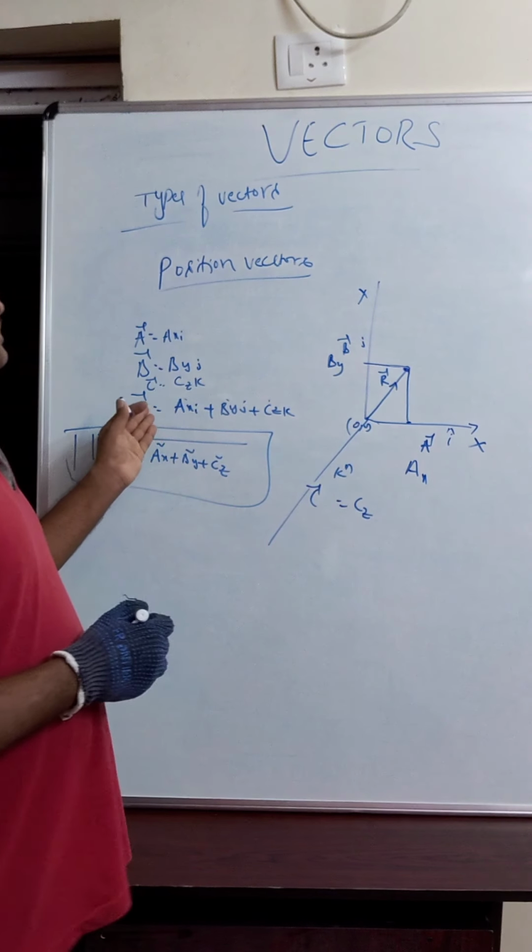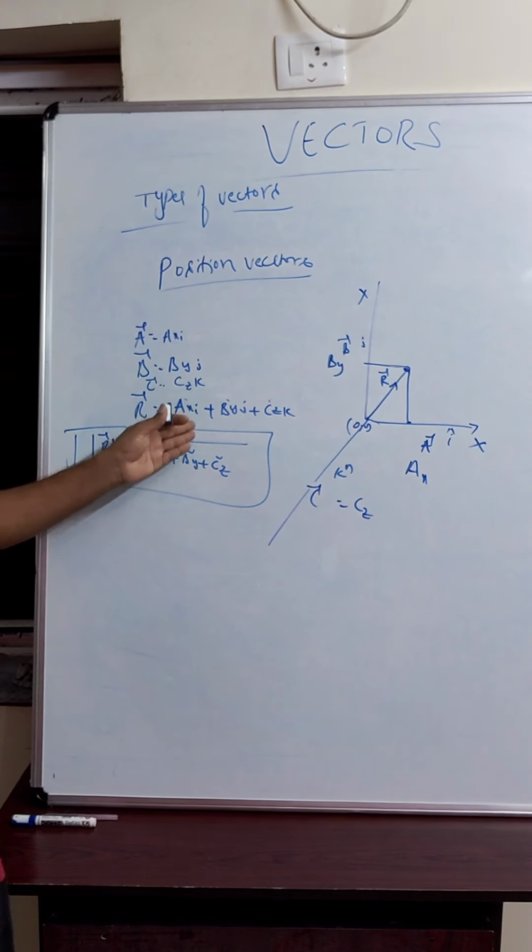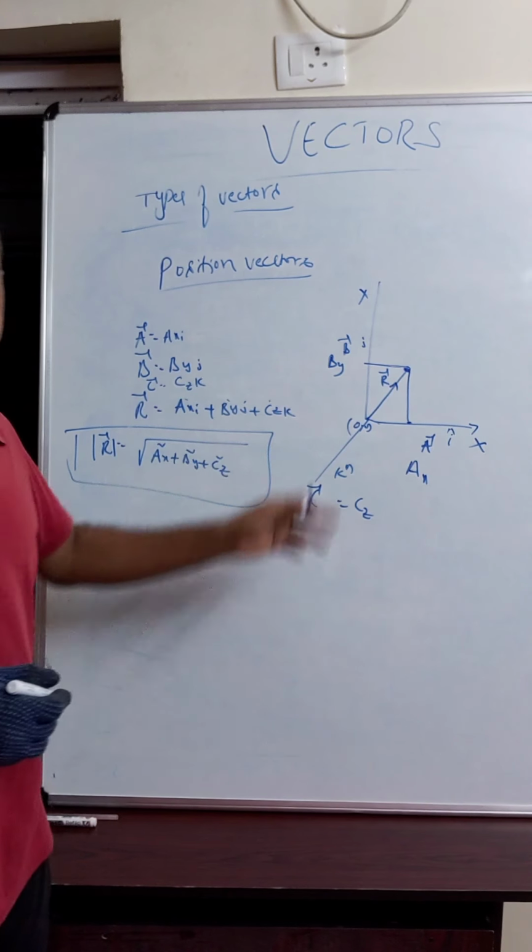Here we represent the position vector r bar equal to ax i plus by j plus cz k.